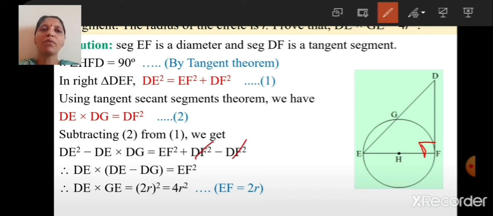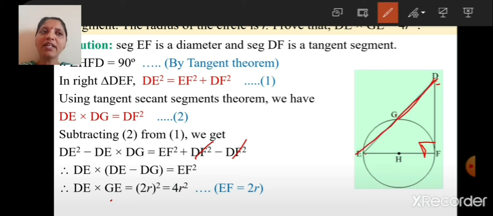So what is remaining here? EF square. Now if you observe this figure, points E, G, D are on the same line. So instead of DE minus DG, what you can write here?